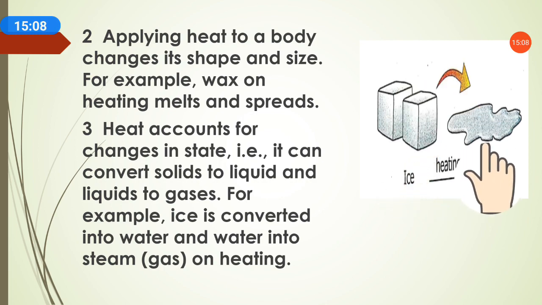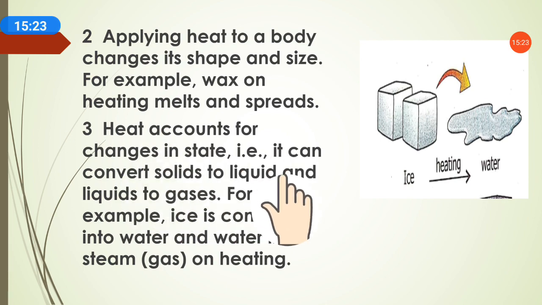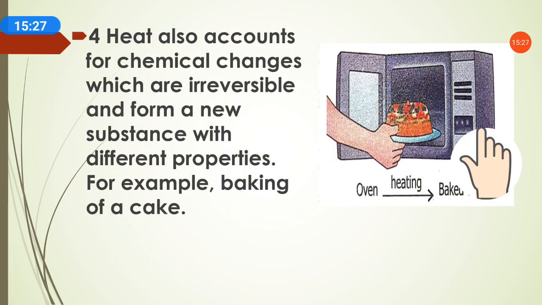And when you heat this water, it will convert into steam, and steam is the form of gas. So liquid will convert into gas. So here heat also accounts for changes of state, solid to liquid and liquid to gas.